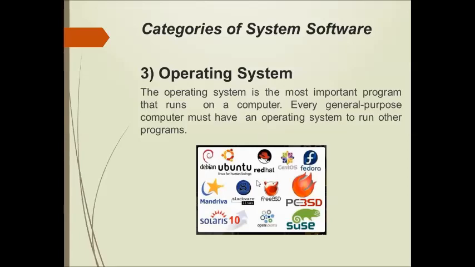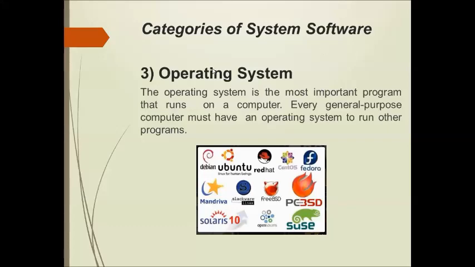So operating systems perform basic tasks such as recognizing input from the keyboard, sending output to the display screen, keeping track of files and directories on the disk, and controlling peripheral devices such as disk drives and printers.